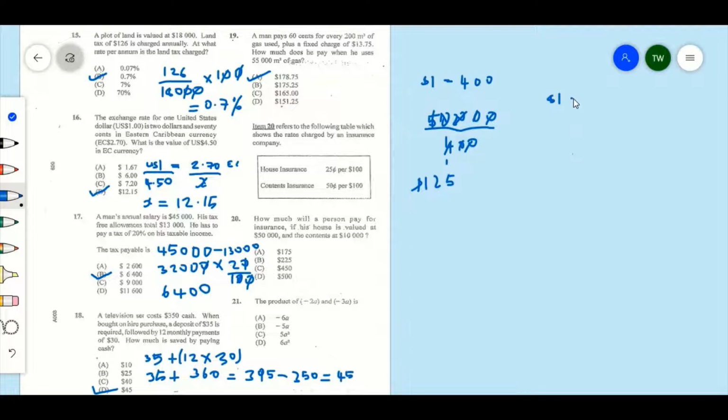So the rate here, $1 would be equivalent to $400. Sorry, $200. Now they give us a value of 10,000, so we're going to see how many groups of 200 we can get out of 10,000.